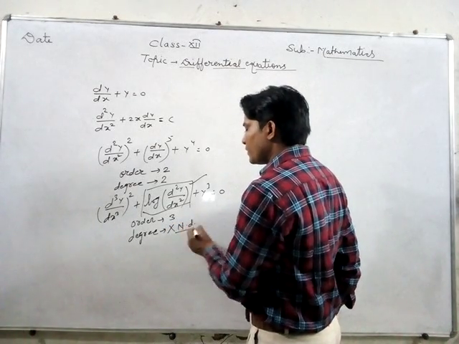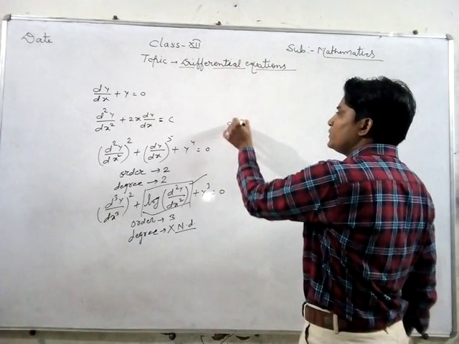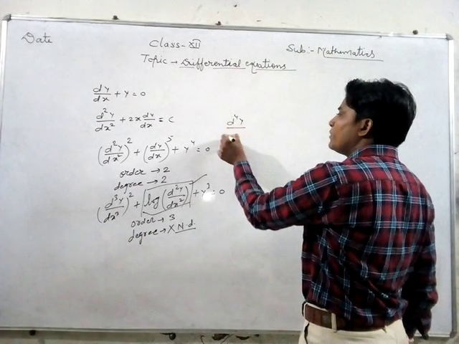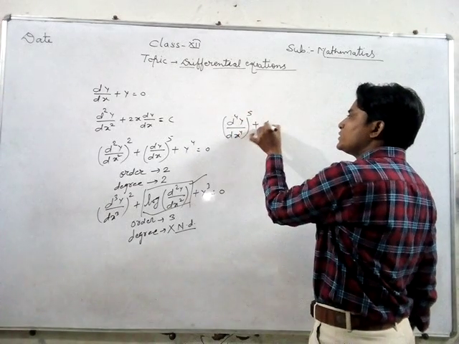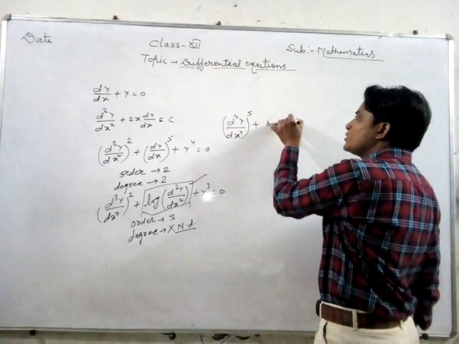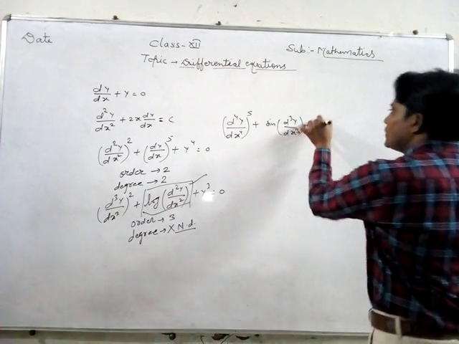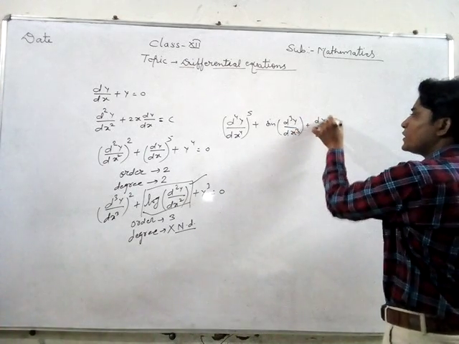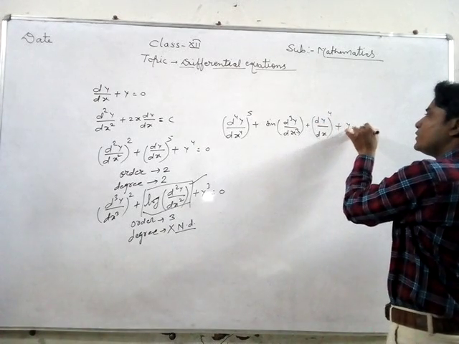ND means not defined. Suppose your differential equation is given to you: (d4y upon dx4) whole power 5 plus sine of d3y upon dx cube plus (dy upon dx) to the power 4 plus y equal to 0.